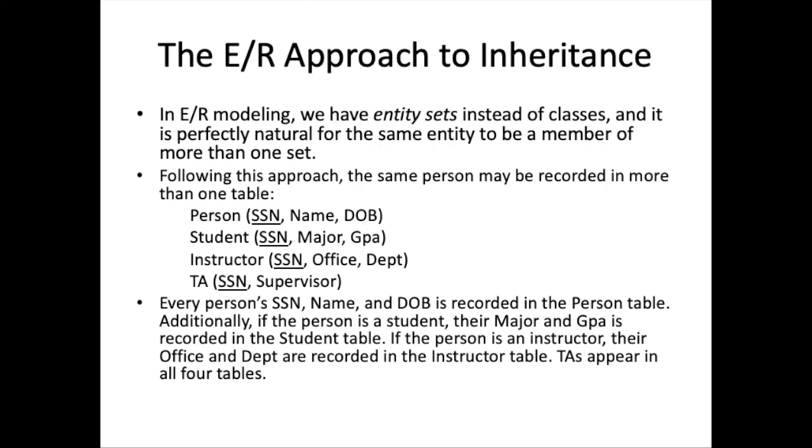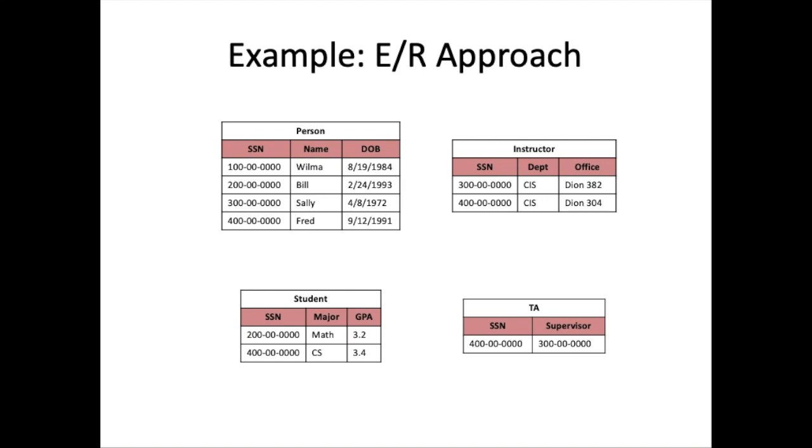what we're going to end up with then, in this example, we've got these 4 people. Every single one of them is going to be recorded in the person table. So that table is going to have 4 rows now instead of just the row for Wilma. In the student table, we've got 2 students. Bill and Fred are students, and so they're going to be recorded with their majors and GPAs in the student table.